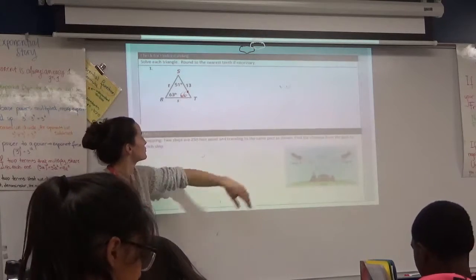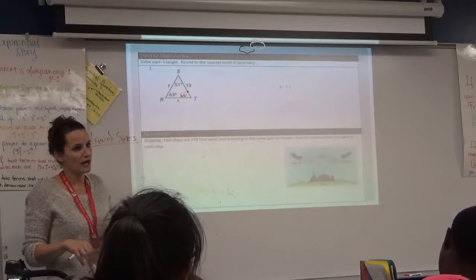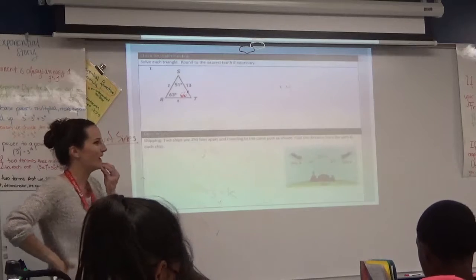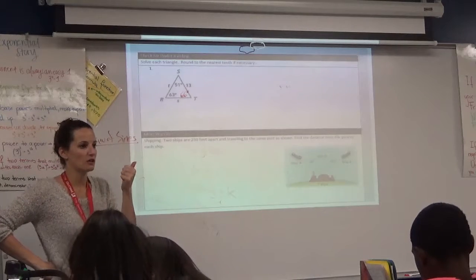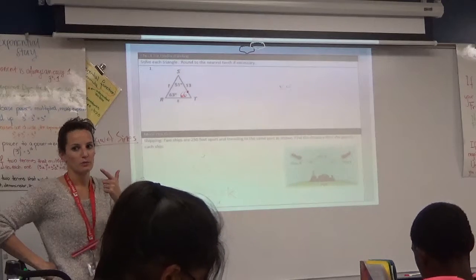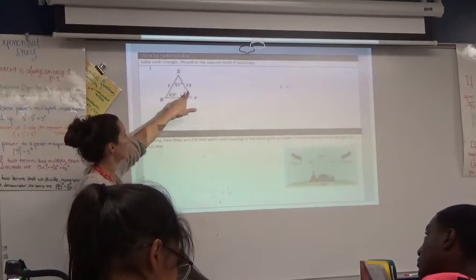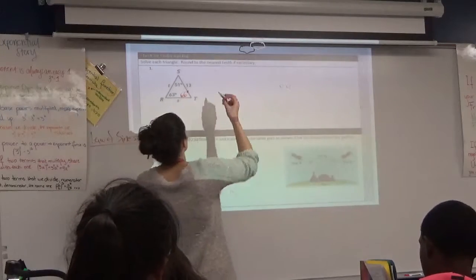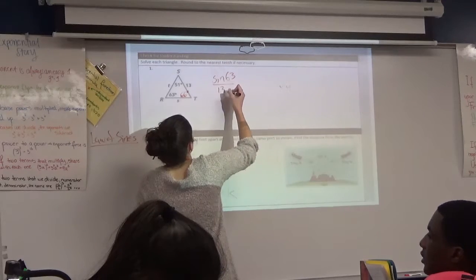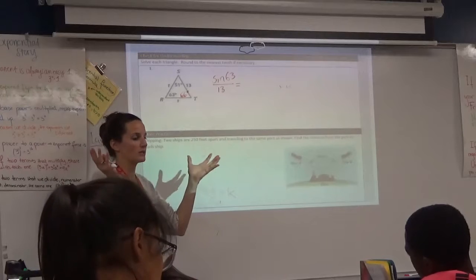Now, when I'm using law of sines, I need sine of A over A, or sine of B over B, or sine of C over C. Does anyone see a pair where we have the angle and the side that would go together, where we would have both pieces of our ratio? Brenda? We have the angle and the side, right? So let's use sine of 63 over 13. We're going to set that equal to, and then pick whichever one you want.